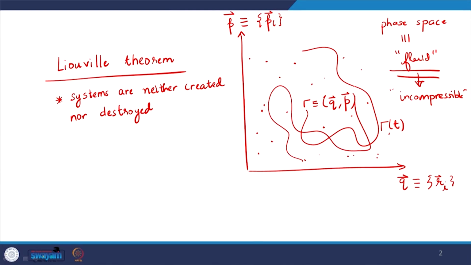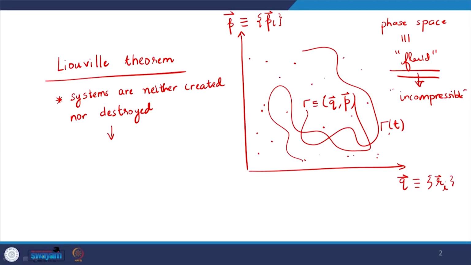So, you can define systems as different individual states, and at any given time I can identify a system that is moving with time. If I look at some other time, I will look at some other system moving with time, but all these systems are essentially always present in the universe of the phase space, because there is no creation or destruction of the system, they evolve over time.